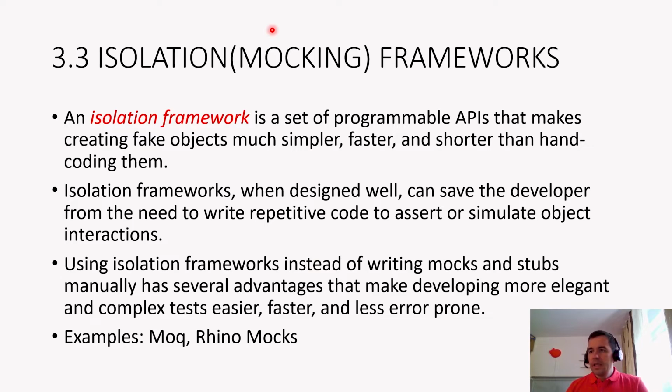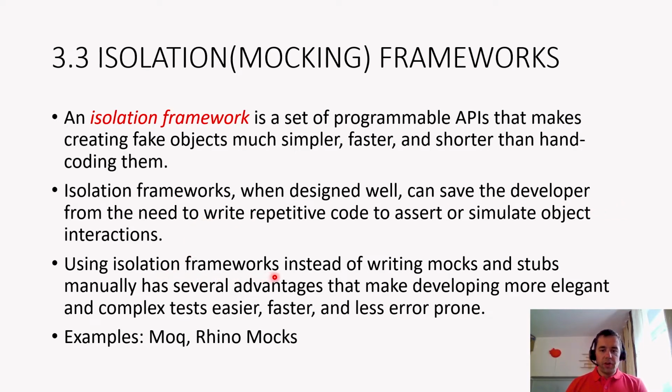Good. Here we see what isolation mocking frameworks are. So a mocking framework, or isolation framework, is a set of programmable APIs that make creating fake objects much easier, faster, and shorter than hand coding them. So isolation frameworks, when designed well, can save the developer from the need to write a lot of repetitive code, as we saw earlier, to assert or simulate object interactions.